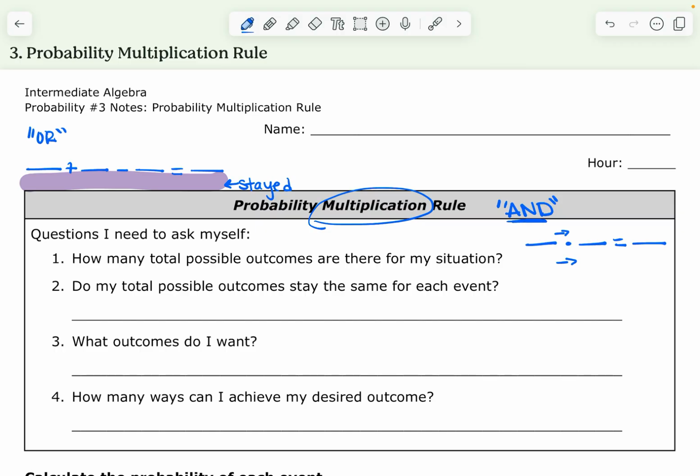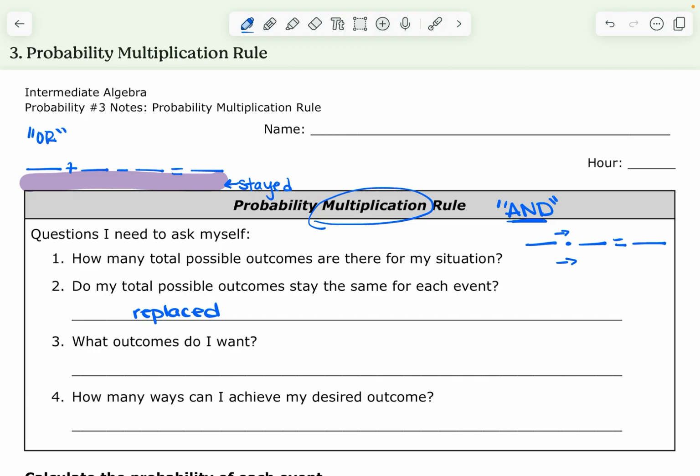Okay? This is where it's going to get a little confusing. You have to determine, is my denominator changing or not? Is that bottom total changing? When we look at a probability, we're looking at the total on the bottom. What we're going to look for is things like replaced or without replacement, puts back, does not put back.